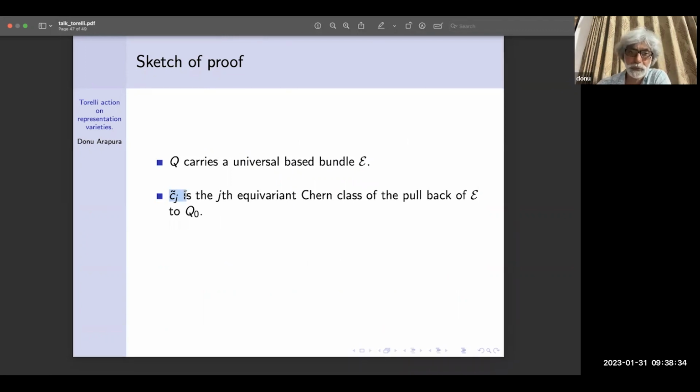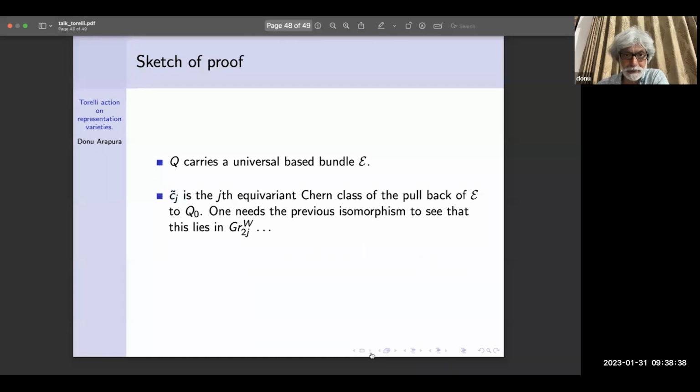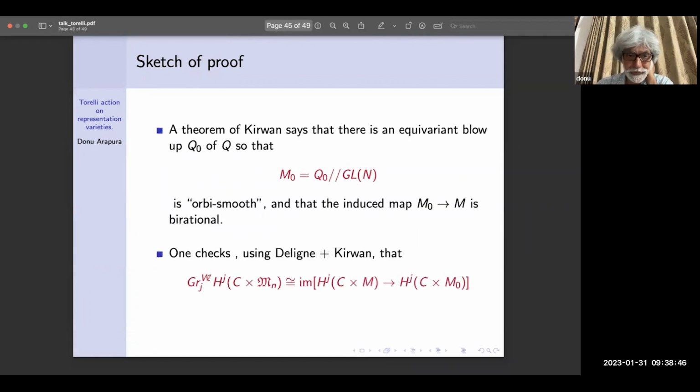All right, so in a nutshell, that is it, except you have to stare at this isomorphism to convince yourself that whatever this equivariant class is, it lives here in some sense.